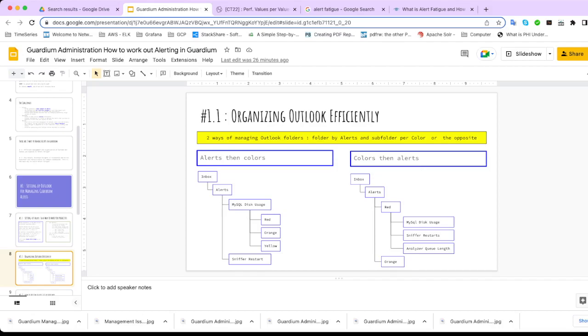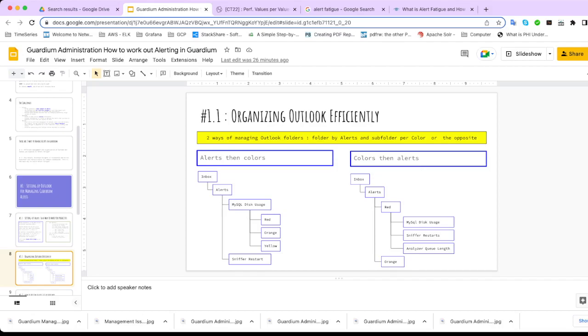In your inbox, you create a folder for the alert, and here you create subfolders. So you can create a folder per alert, and inside this folder you've got 3 folders, one for yellow, orange, and red, right? And you do that for each alert you have set up.